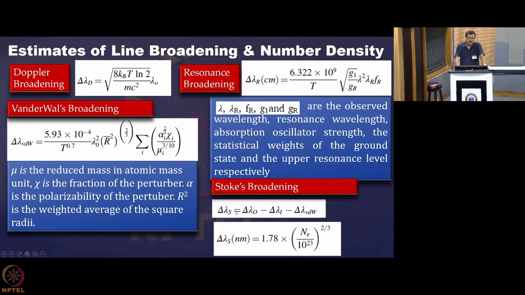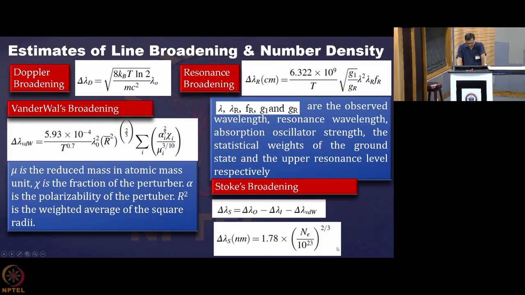So this is written wrong. It will be Stark broadening. Now this delta lambda S comes to be like this. So this is the Stark broadening which happens because of the electric field inside the plasma, and that comes to be like this and is related to the electron density as Ne to the power 2 by 3 with these factors.